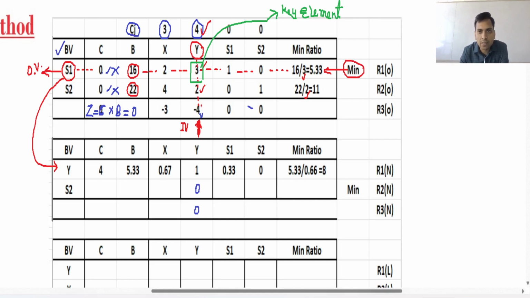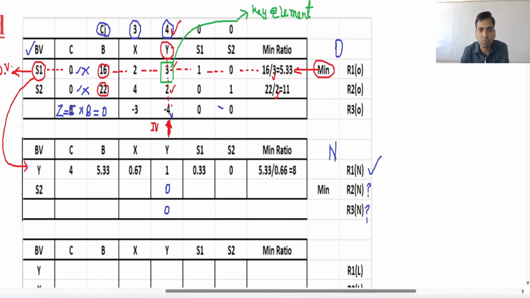The first block is considered the old block and this is the new block. In the old block, the rows are denoted R1 old, R2 old, R3 old, and in the new one, R1 new, R2 new and R3 new. We now need to find R2 new and R3 new.